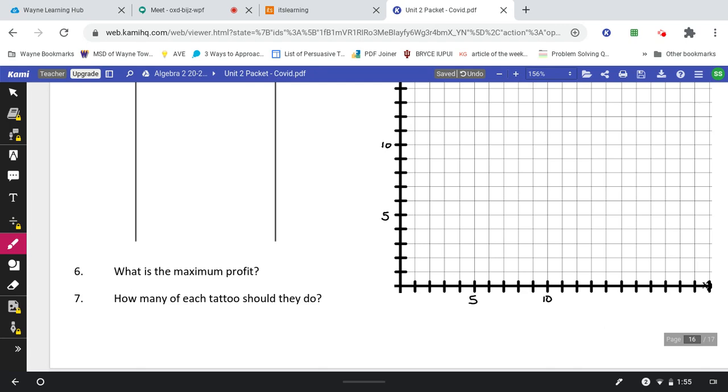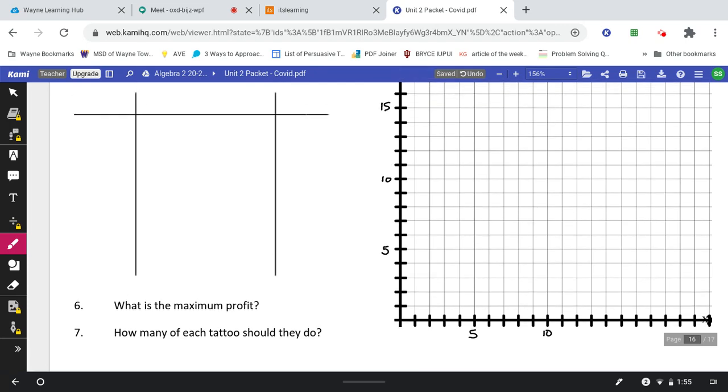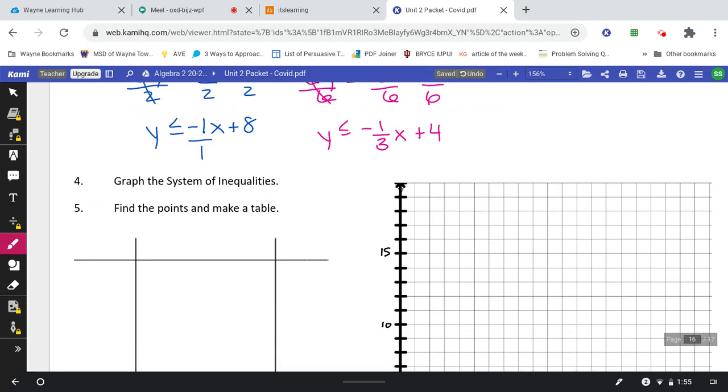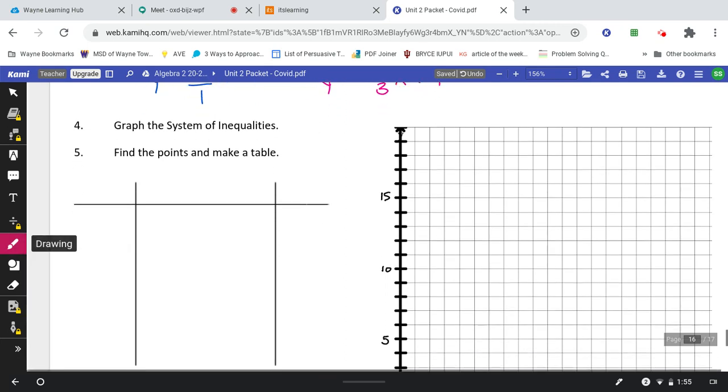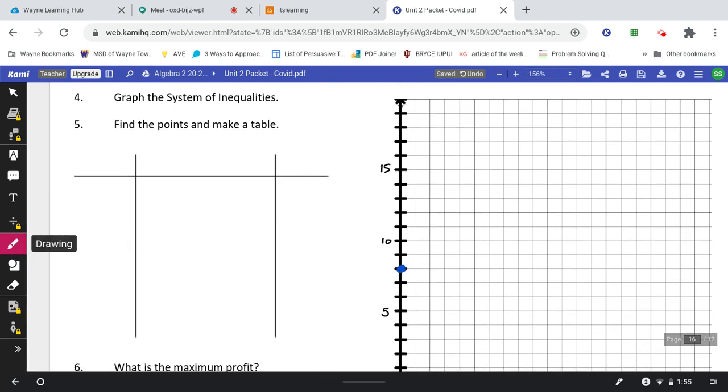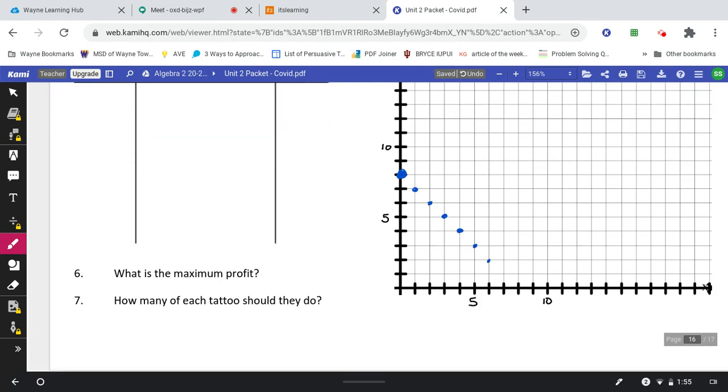Counting by 5s at the top and the bottom helps me be able to count carefully, but it's not required. I'll go up 8 and put a dot, down 1 and right 1. I'm going to continue all the way through to make sure I have a perfectly straight line.